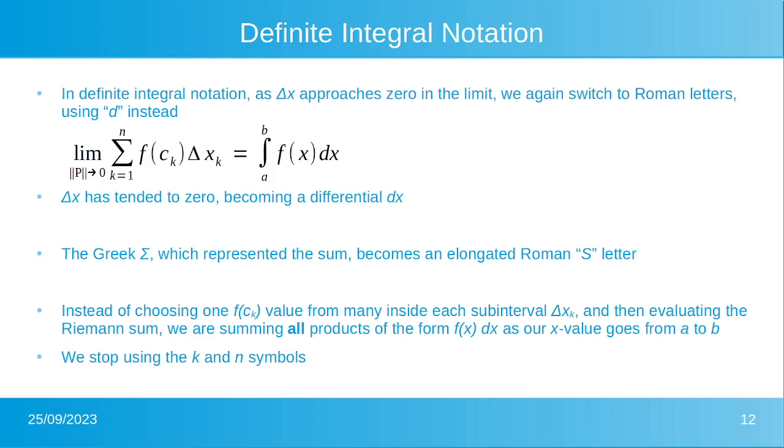So instead of choosing one f of ck value from many inside each subinterval delta xk and then evaluating the Riemann sum, we're summing all products of the form f of x dx as our x value goes from a to b. And while doing this, we stop using the k and the n symbols.